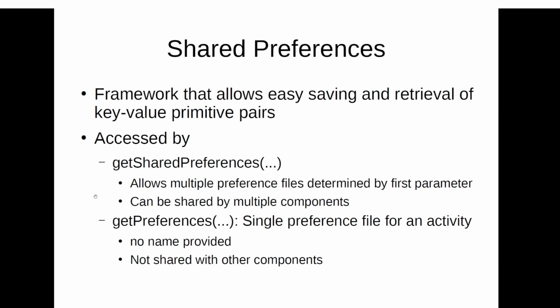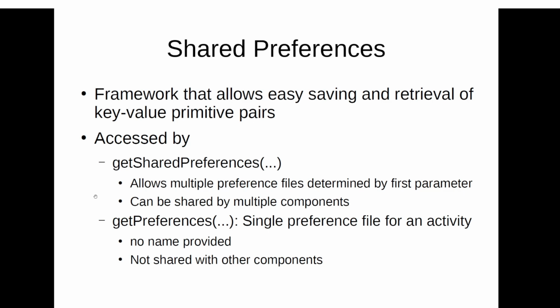There are a few ways to access shared preferences. A call to getSharedPreferences from a context object where a file name is passed as an argument will give you a SharedPreferences object that is accessible and can be used by all context objects in your application.